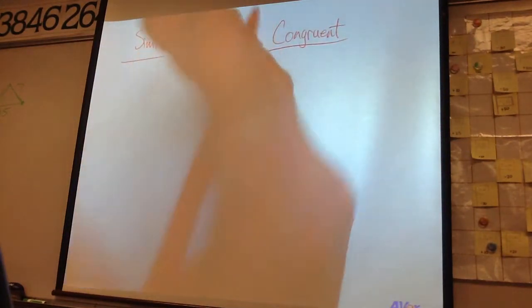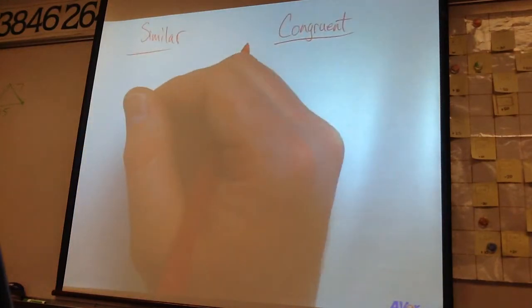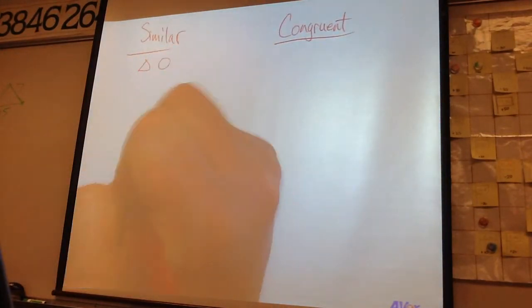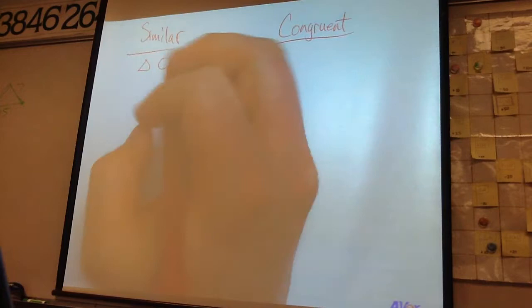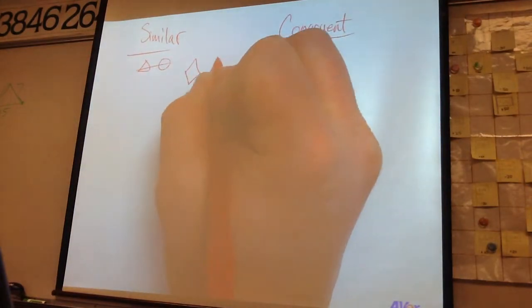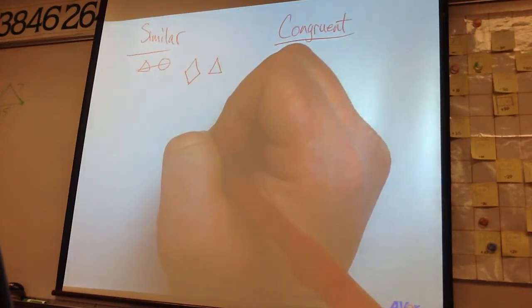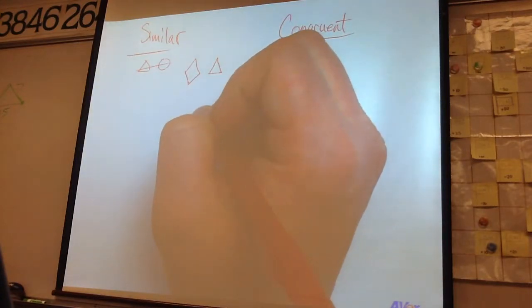Similar is kind of alike. Are these similar? No. Okay. Are these similar? I would say yes, because there's two of those little guys inside. A square and a diamond would be more similar than a diamond and a triangle, since they don't have the same amount of sides.